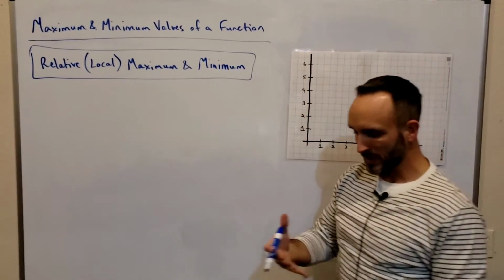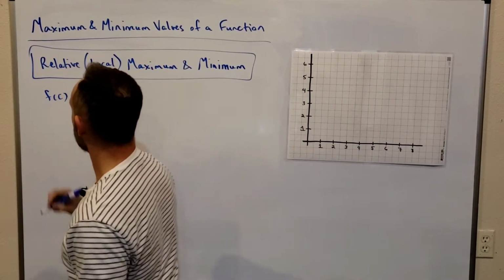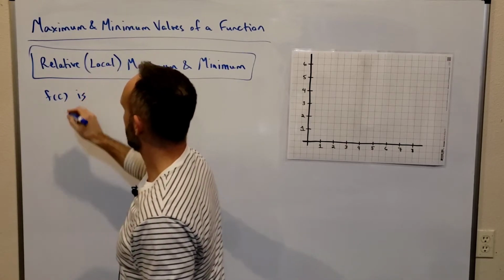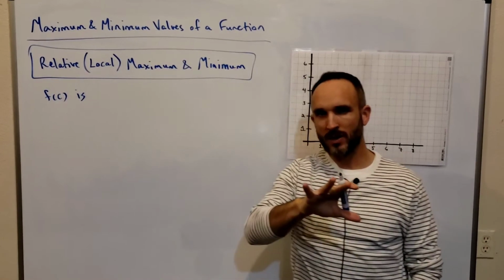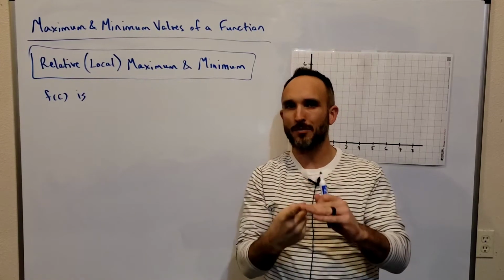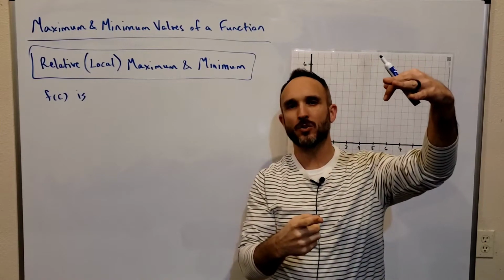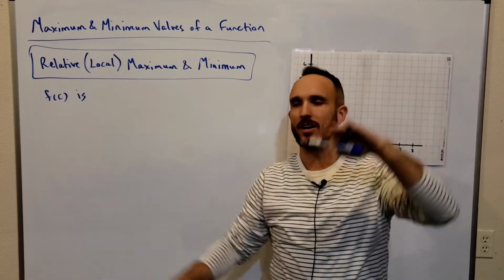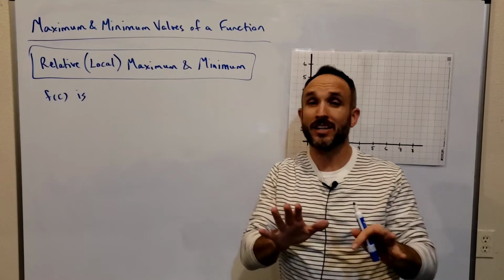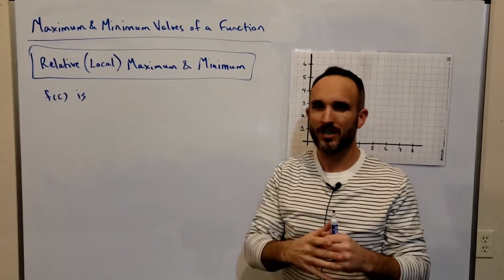And so now we say that f of c, this output of this function, is... and right away there's a difference. A function can only have one absolute maximum value. Okay? That one y value that's greater than or equal to every other y value. Now, it may not have any. There may not be an absolute maximum value. But if there is, there's only one.